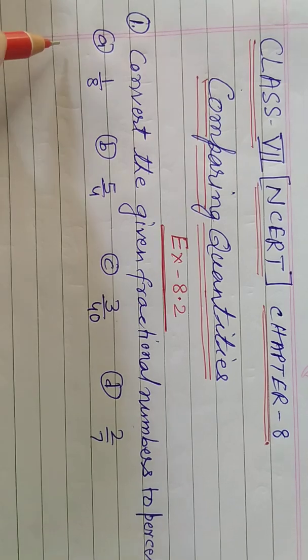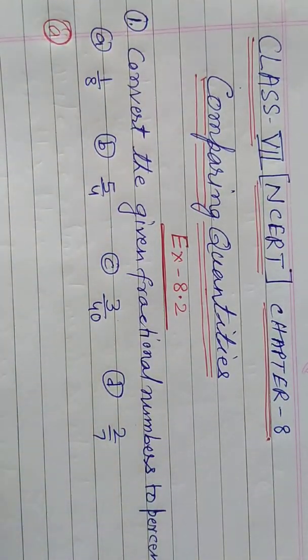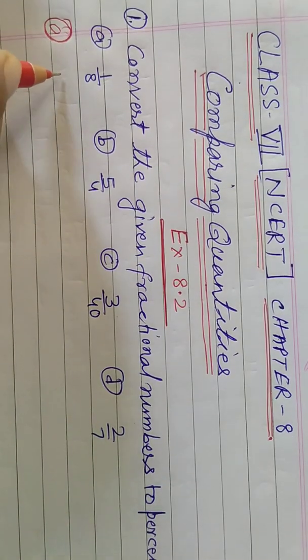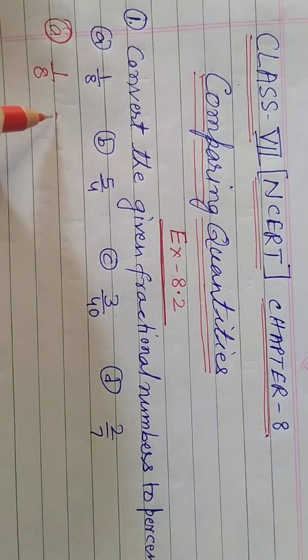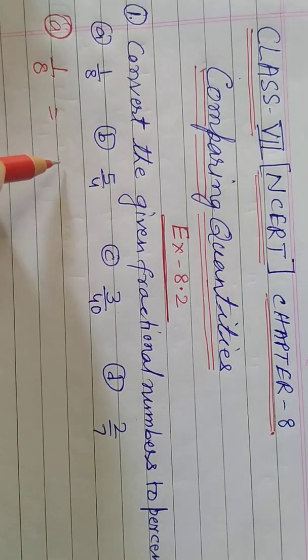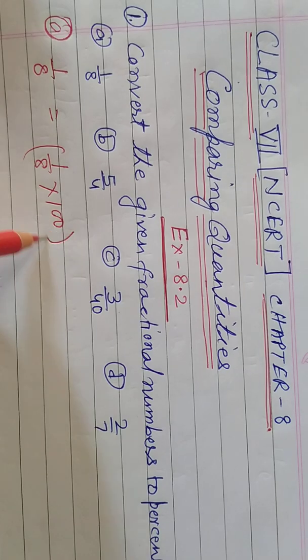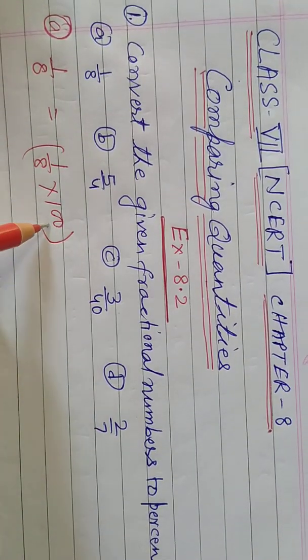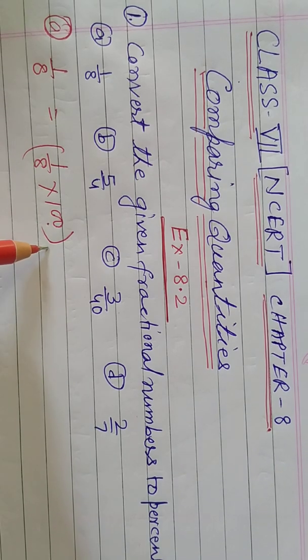Question number 1, A. The question is 1 by 8. 1 by 8 into 100. Why do we multiply by 100? Because we have to convert into percent.